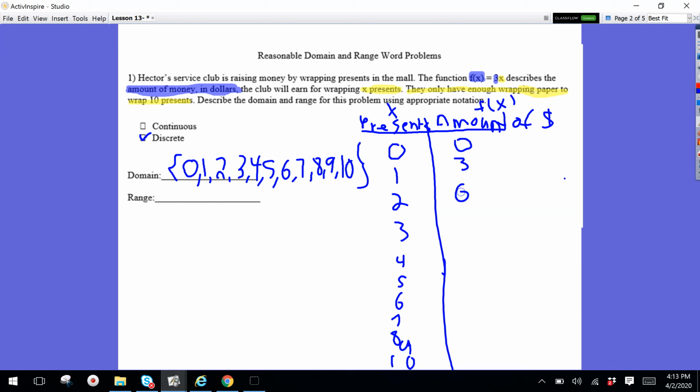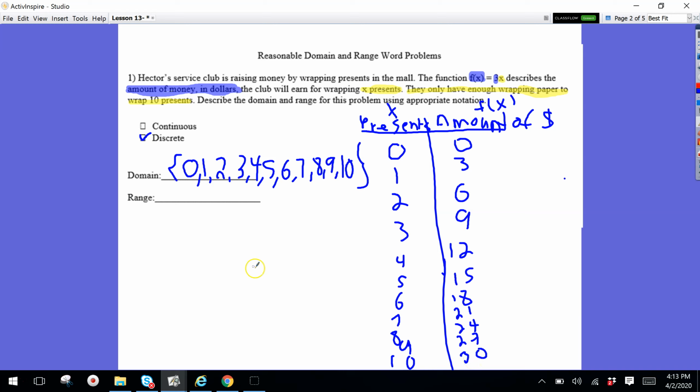And then $6 for 2, $9 for 3, $12 for 4. So for 5, we're going to have 15, 18, 21, 24, 27, and then 30. So the maximum money we can make is 30.